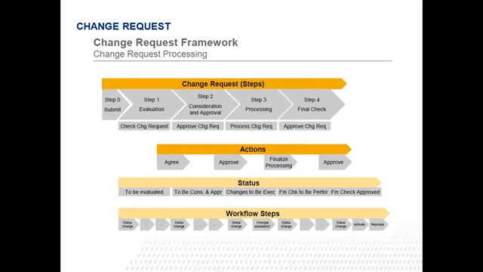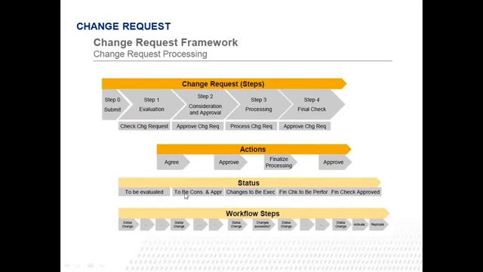There, we are given two buttons: finalize the processing or send for revision. In the final check, you can approve or reject the change request. This is the way each step type and its actions are linked together.